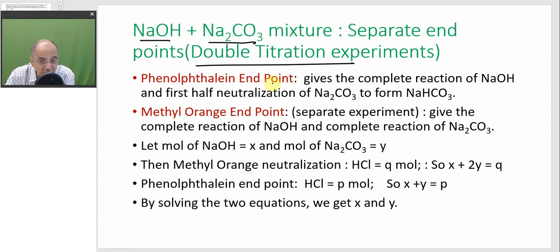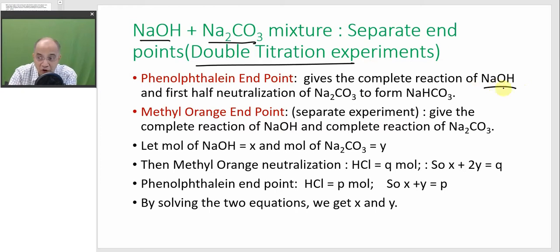Now, when you use phenolphthalein, that is called the phenolphthalein endpoint. That gives the complete reaction of NaOH, because a strong base produces OH minus ion completely. Its complete ionization happens. So all the HCl or H2SO4 that you are adding from the burette will eat away first the free OH minus ion from the strong base.